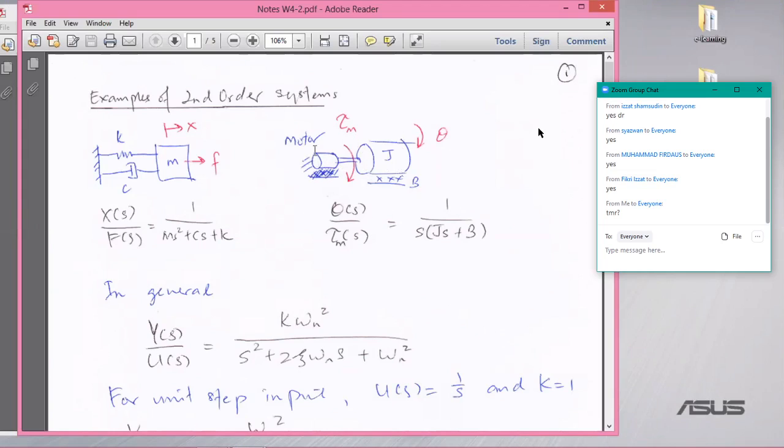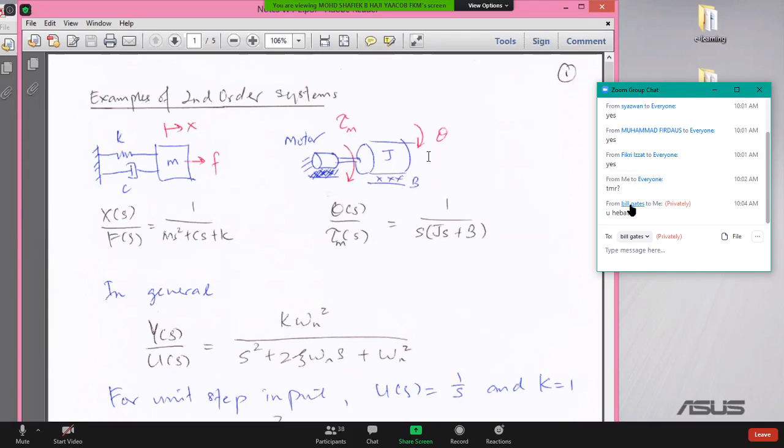But if you have another motor here, a DC motor as we learned yesterday, relating to electrical voltage is already first order. So you have first order for the motor and second order for the inertia, then the whole thing becomes third order. But anyway, the relationship between torque and theta here is second order.